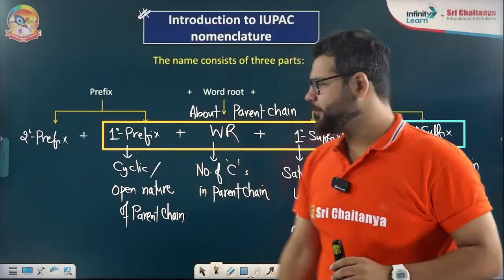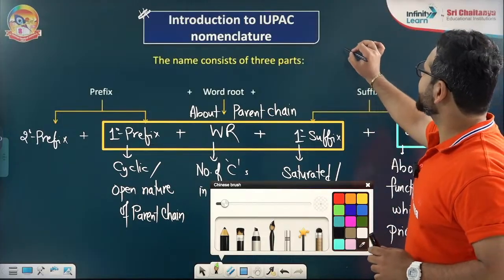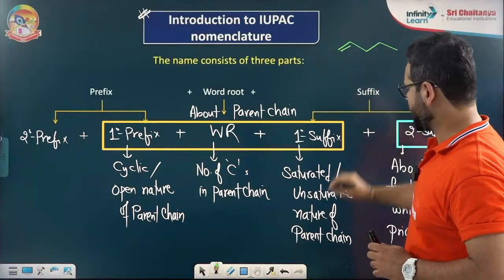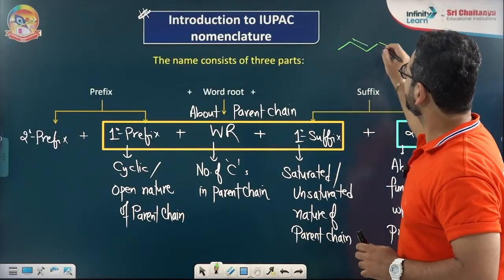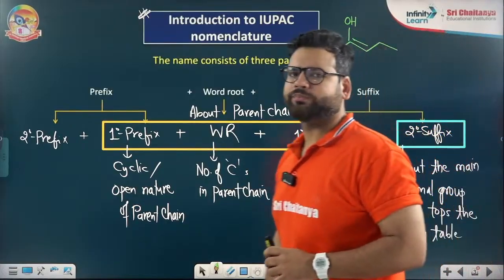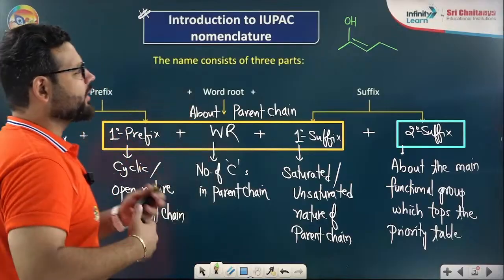One simple example, let me show you. All of you can see one simple example here. All of you, please try to name this. First I will name, second one you try to name. Okay, all of you can see here this particular compound. When you look at this compound, its name is going to be something like this.